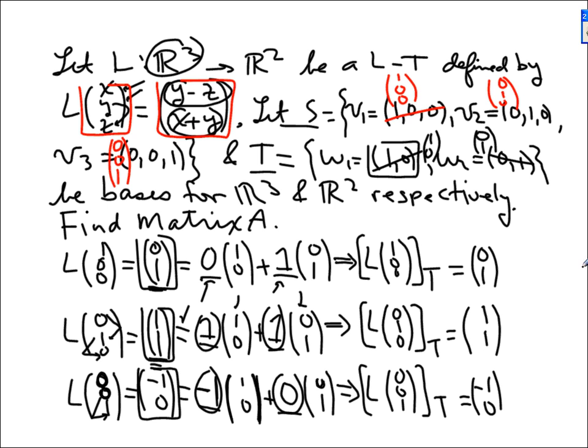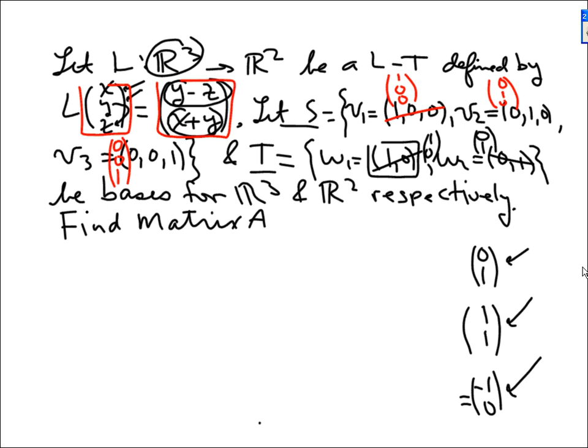Now I make up the matrix that has those vectors as the columns. So I'm going to remove most of this. The matrix A just has those three vectors in the same order as its columns.